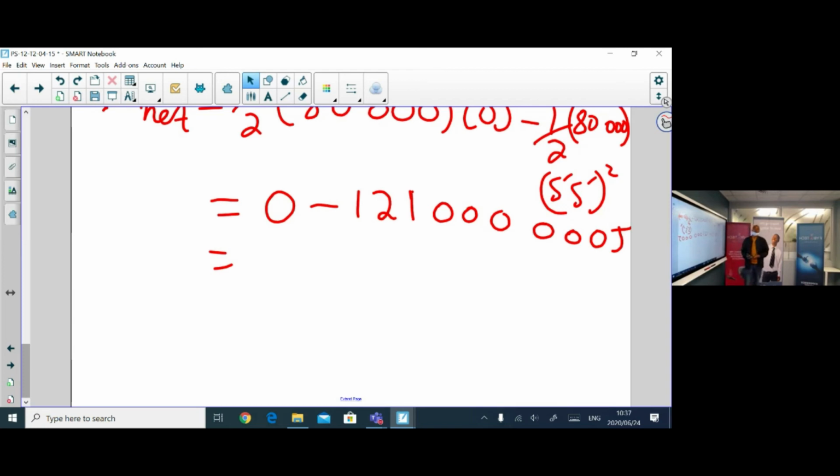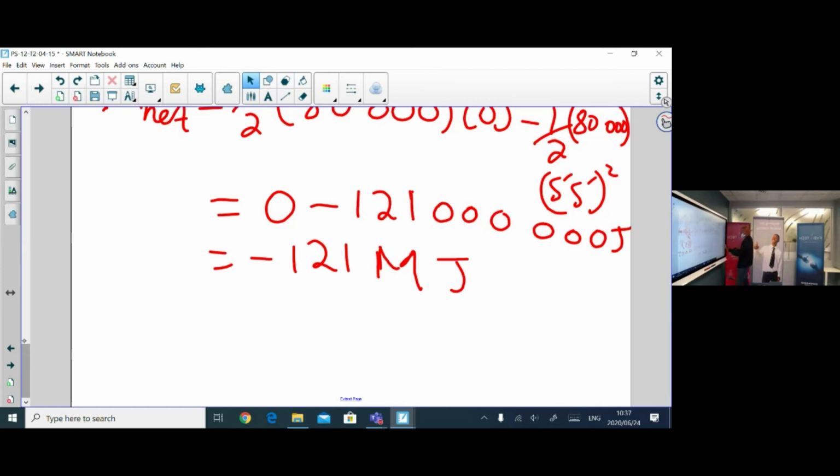There will be 6 zeros, and we know that this is represented by mega, the capital letter M. In other words, it's minus 121 capital M, megajoules. The capital letter M stands for 6 zeros after 1. Now we have the work net.